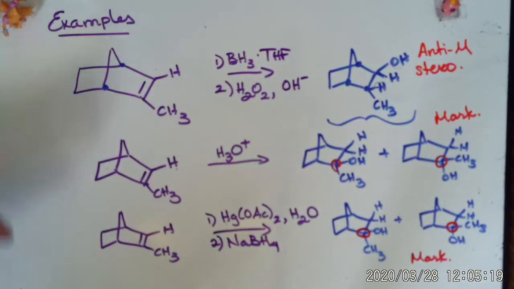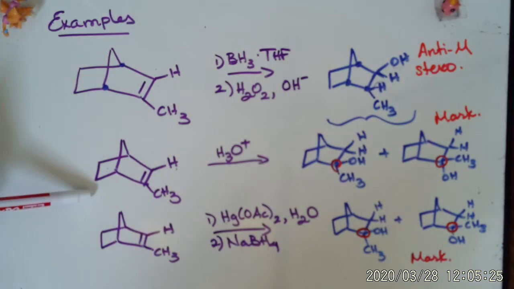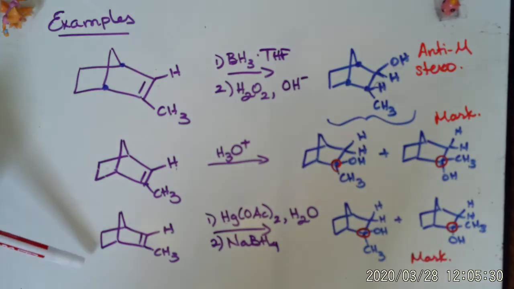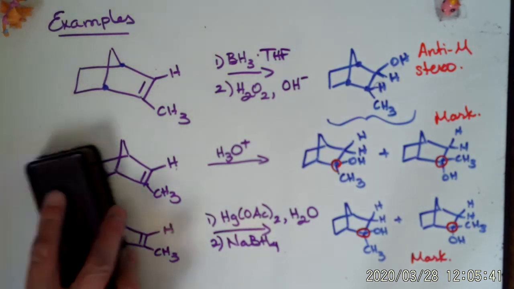Okay, so of the three reactions: anti-Markovnikov, stereospecific. Markovnikov, you get rearrangements, not stereospecific. Markovnikov, no rearrangements, not stereospecific. Okay? All right. One more example, and then a summary before we move on.